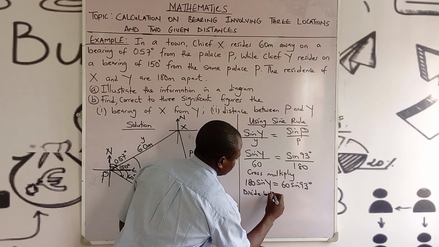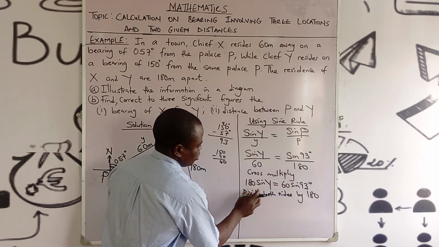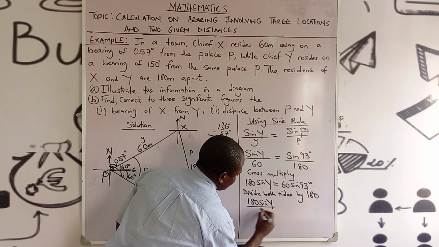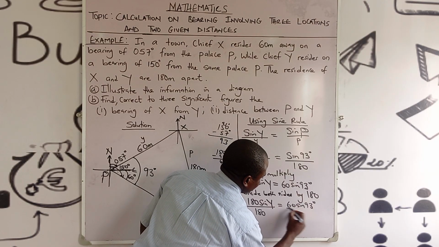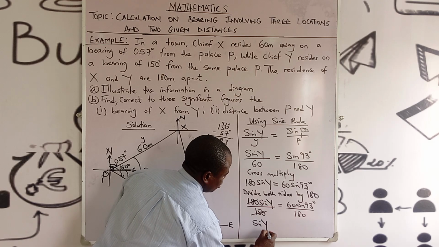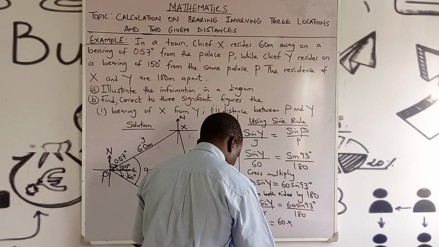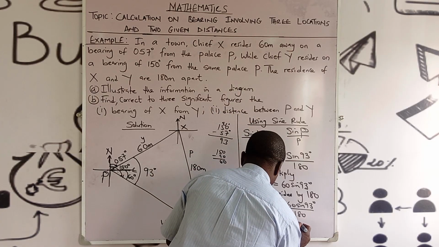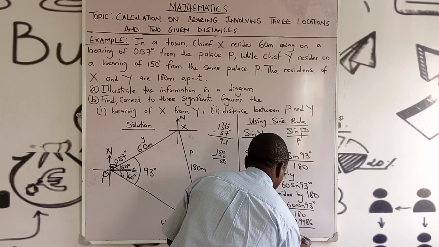Divide both sides by 180, so that we'll be left with sine Y. Sine Y equals 60 times sine 93 degrees divided by 180. You press your calculator. Sine 93 degrees is 0.9986, divided by 180.